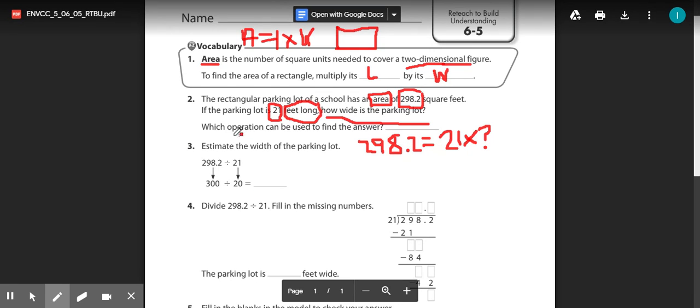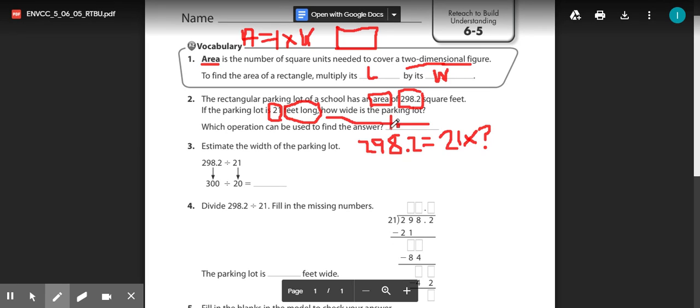So now they're asking us, which operation can be used to find the answer? Well, when we want to find out the area, we multiply. So if we want to find out one of the missing factors, right, what can we do? We can do the opposite of multiplication, right, which is division.